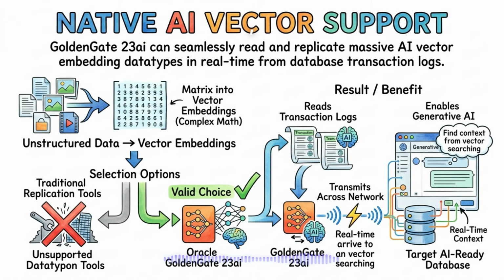To detect these conflicts accurately, GoldenGate relies on a database feature called supplemental logging, which we discussed during the installation section. For Auto CDR to work, the database must log the before image of the data, which is exactly what the row looked like before the user changed it.